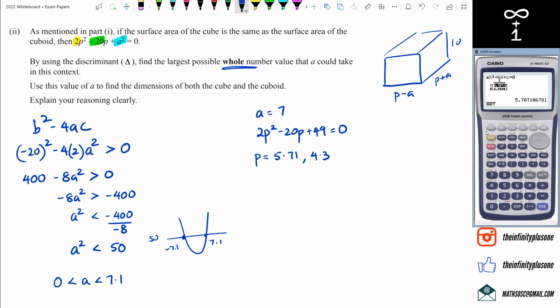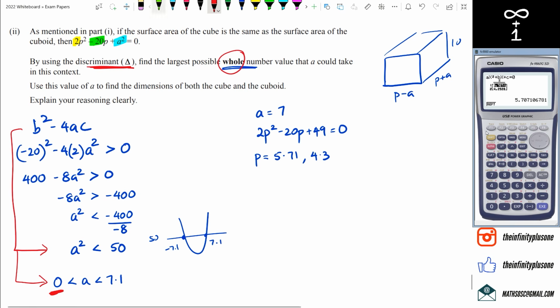So I'm going to slowly take you guys through this. I know this is one of those really strange questions, as I said. So we did this discriminant part, and we worked all the way up to here to figure out what the range of a values is going to be. Because it's a whole number, we only went up to 7 here. The next step is it says use this value of a. So we've taken a equals 7, and we're trying to find the dimensions of both the cube and cuboid.